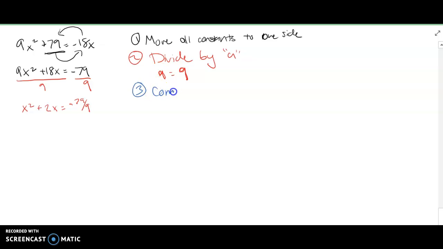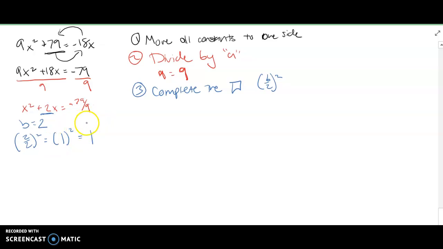Now we're going to complete the square. We're going to use b over 2 squared, and b in this case is equal to 2. So 2 over 2 squared equals 1, because 2 over 2 equals 1, and 1 squared is 1.